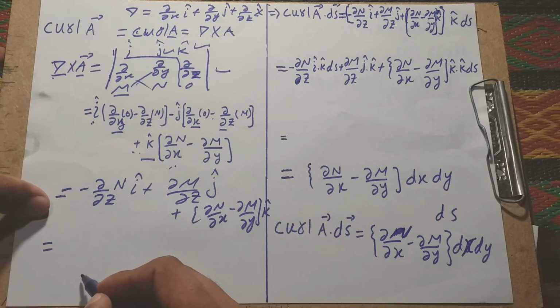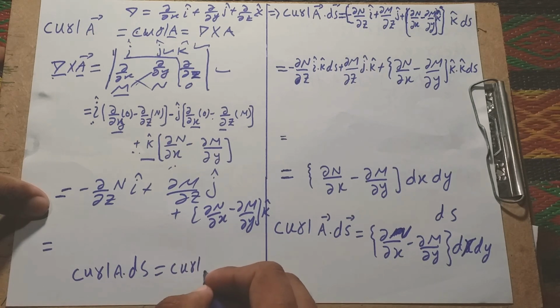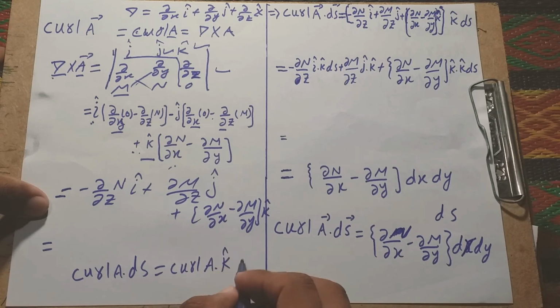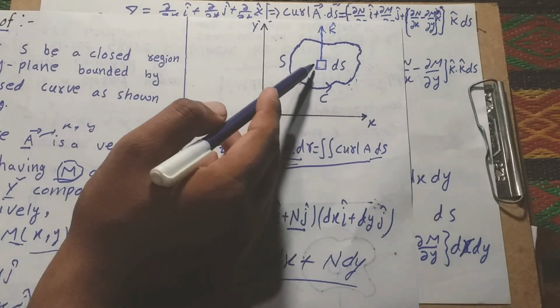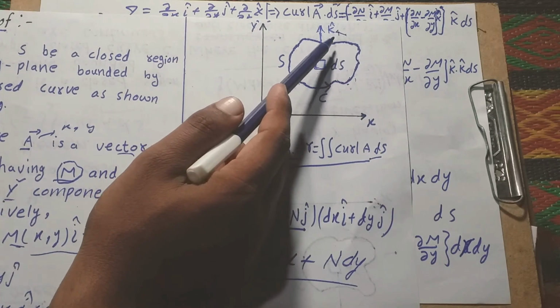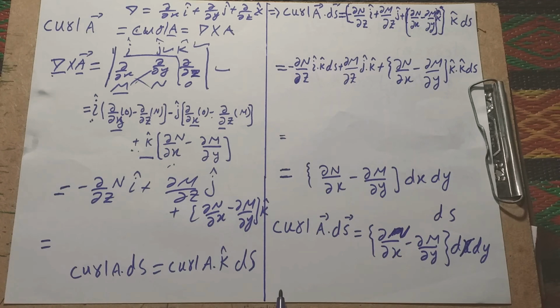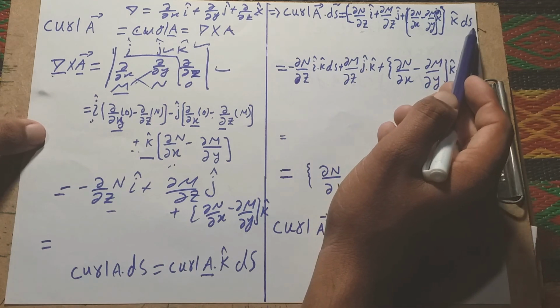Now we multiply curl A with dS. dS is also taken along k, so we write curl A dot k dS. Why do we use k? Because the normal component is in the z direction, so we use the unit vector k. We write these values with unit vectors and multiply by k dS.